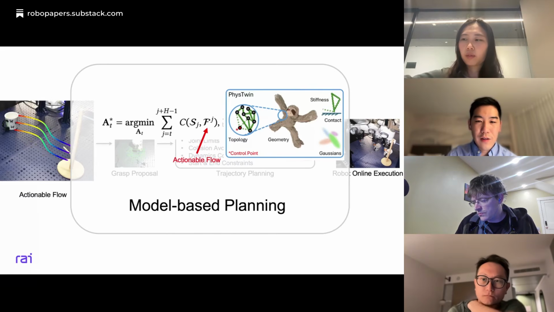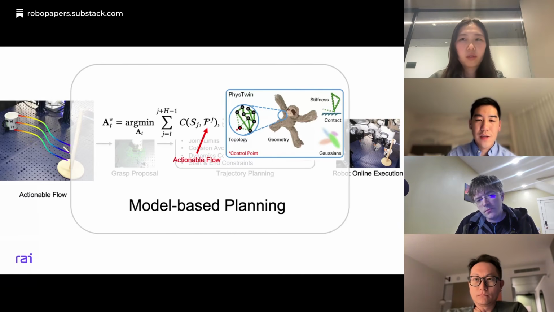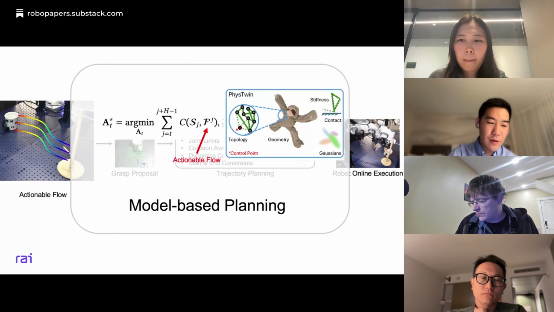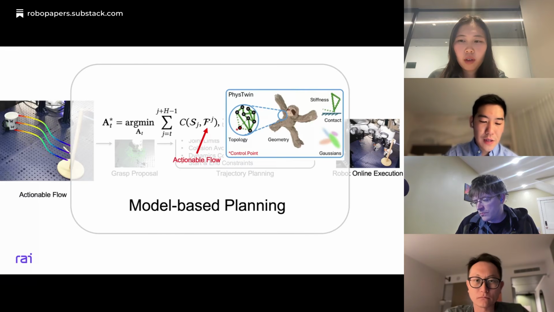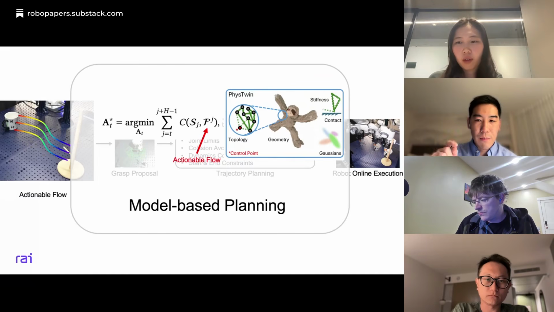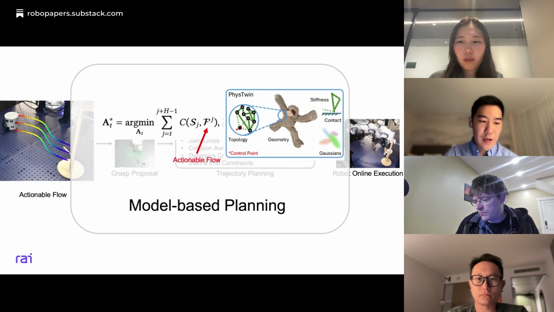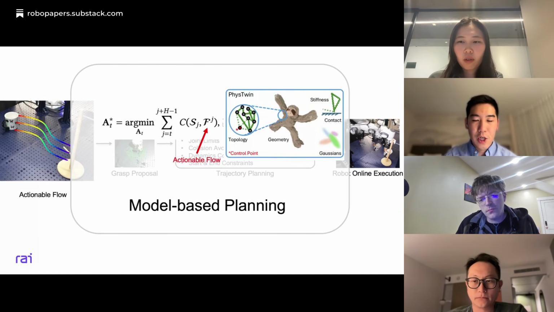So basically here, the F is the actionable flow we extracted from the aforementioned pipeline, and S is the current position of the points on the object, which is obtained using a state estimation pipeline.